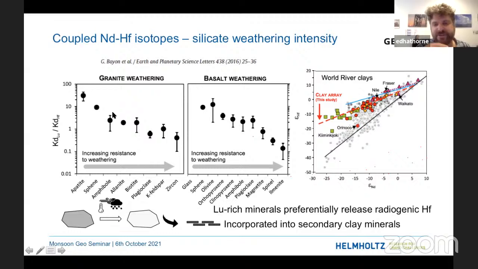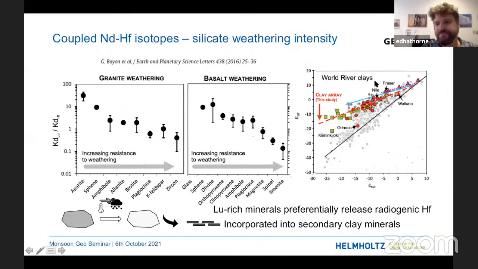Unlike neodymium and samarium, which are generally not fractionated in different minerals, lutetium and hafnium are strongly fractionated, and the easily weathered minerals tend to be lutetium rich, and this means they're much more radiogenic.